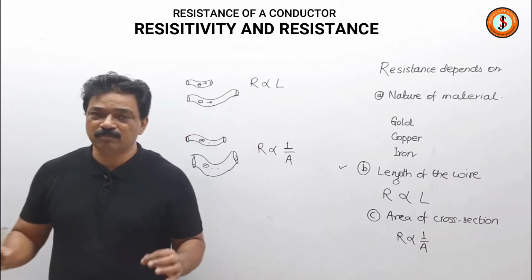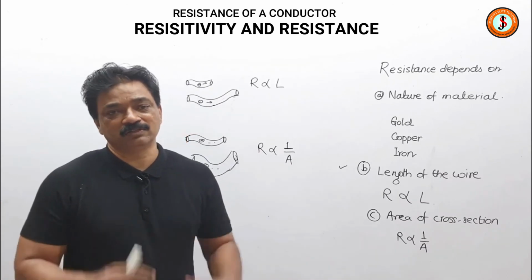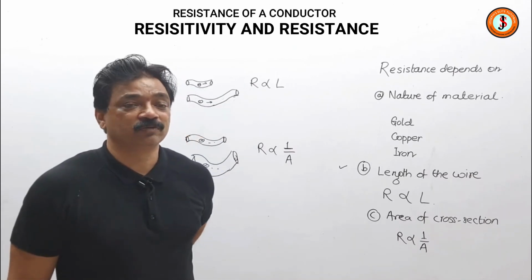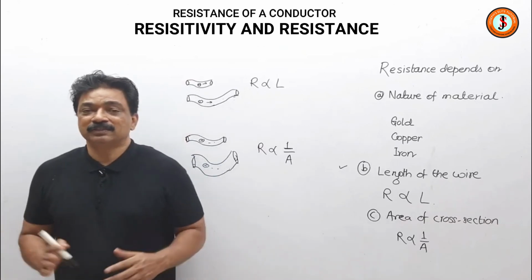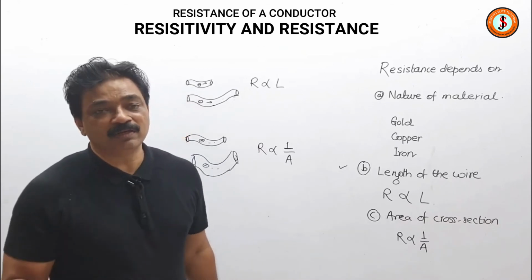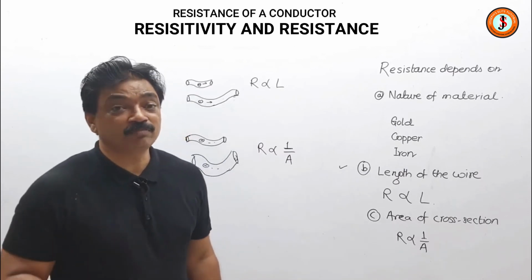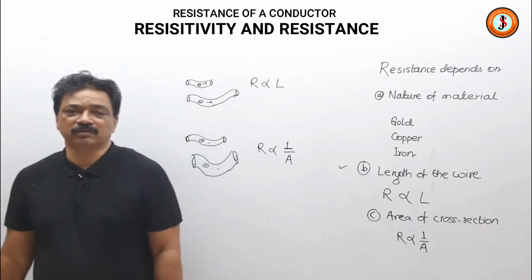That means they are of the same length and the same thickness. Then it is constant. So remember this: anywhere if it is asked whether resistance is constant for the same material, no, it will not be constant if their dimensions are different.